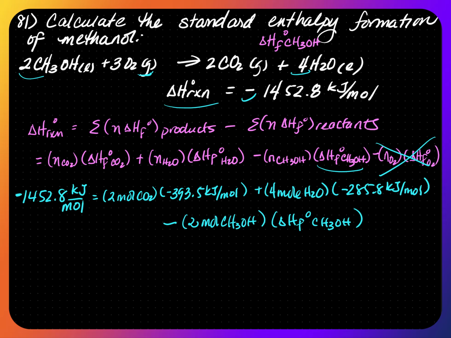They gave it to you as negative 1452.8 kilojoules per mole. So solving for delta HF naught, rearranging and doing your algebra, you should get approximately negative 238.7 kilojoules per mole. So this is also exothermic, so that means it's very stable.